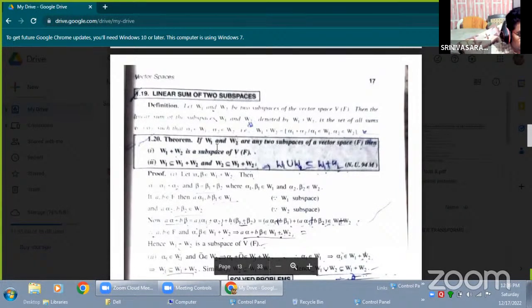Now, according to the linear sum definition corresponding to the subspaces, just refer to this theorem.